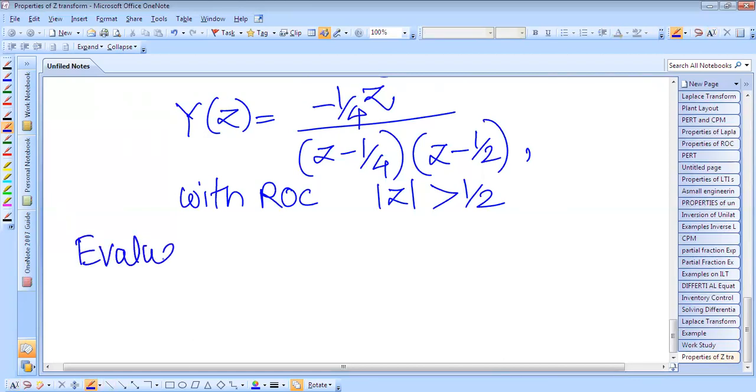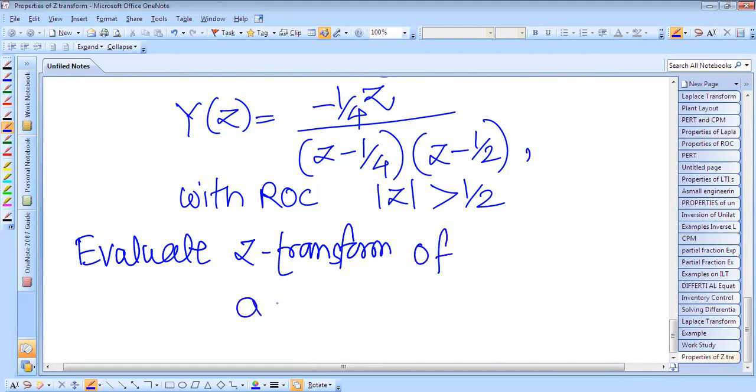Evaluate the Z transform of a into x of n plus b into y of n.